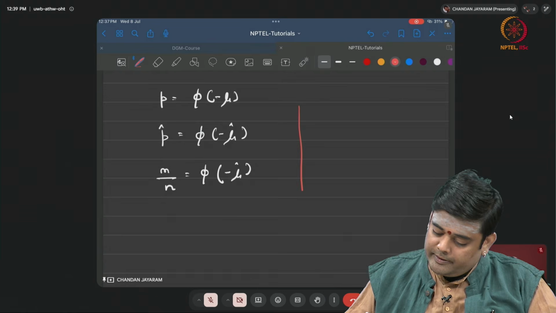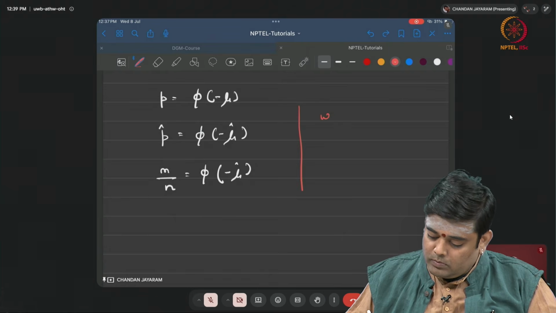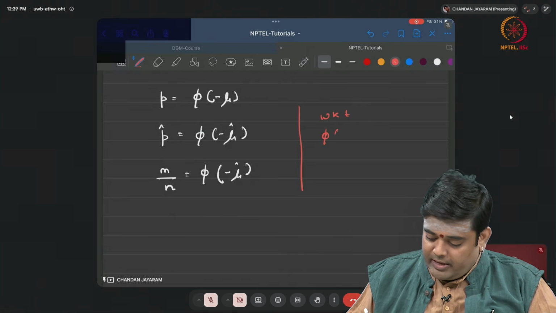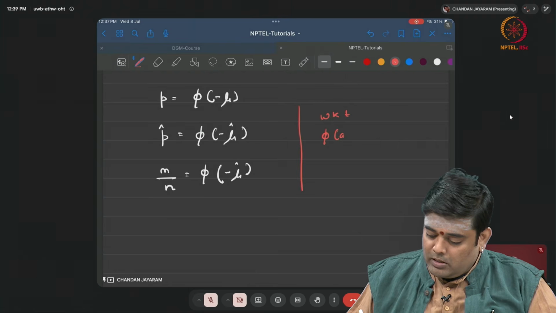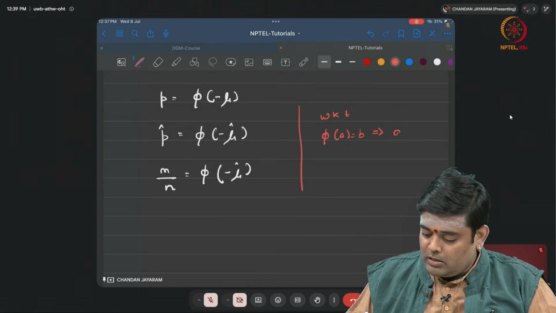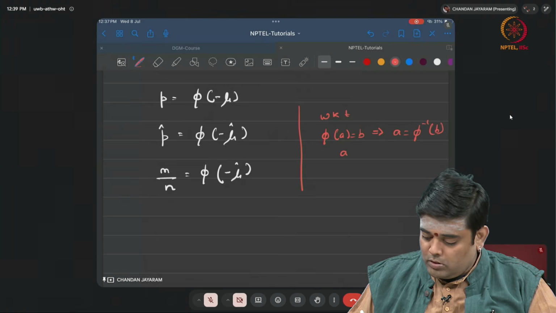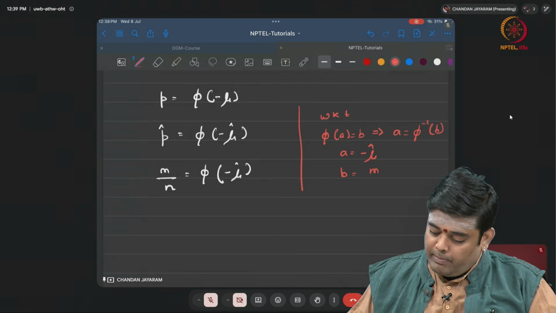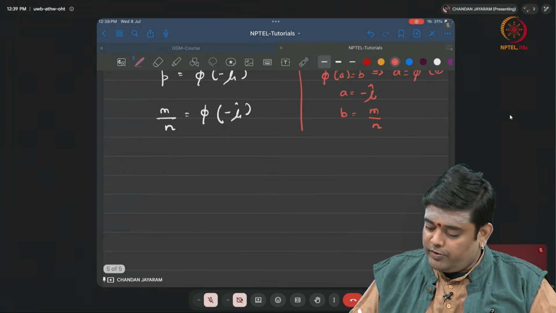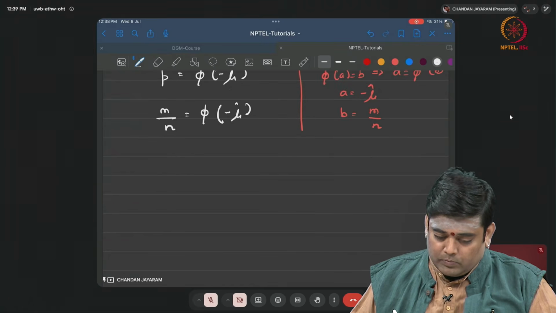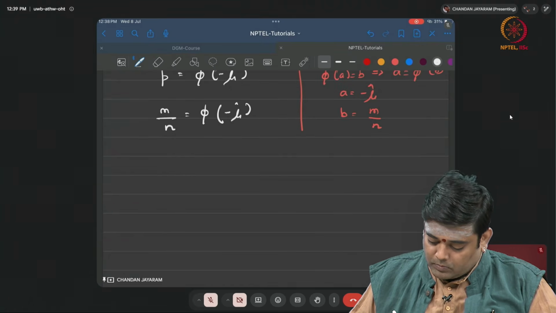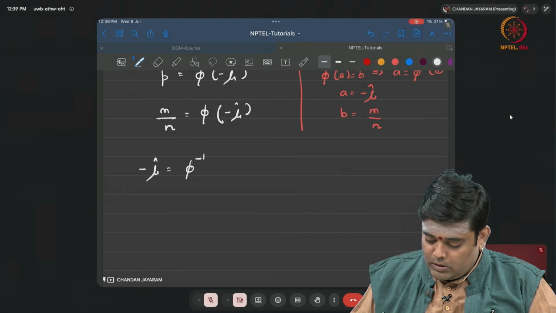Okay. So now we know that if phi of A equals B, it implies A is equal to phi inverse of B. Now in this case A is equal to minus mu hat, B is equal to m by n. So if we substitute this, we get minus mu hat is phi inverse of m by n.